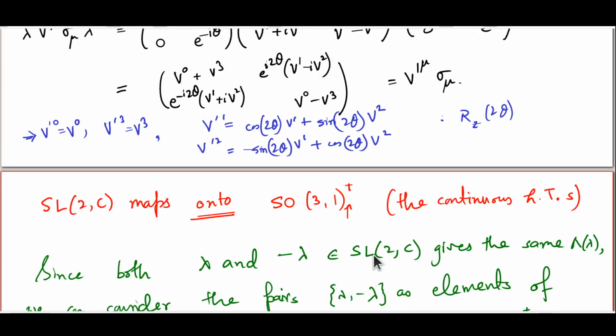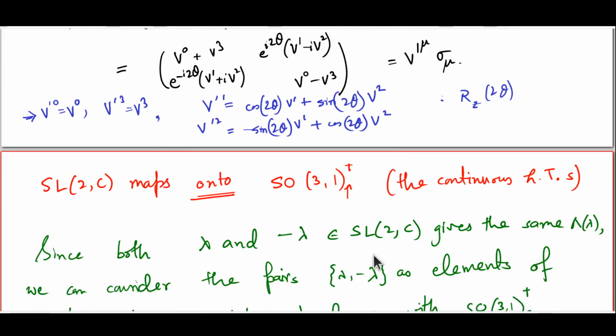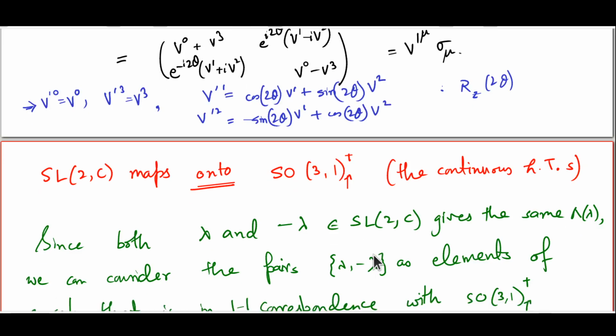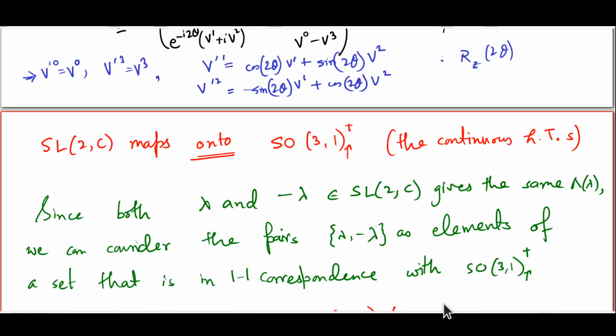But since both small lambda and minus small lambda belonging to SL2C give us the same capital Lambda of small lambda, we can consider the pairs small lambda, minus small lambda together as elements of a set that is actually in one-to-one correspondence with SO(3,1) up plus. Well, not only is this set in one-to-one correspondence in the set theoretical sense, it so happens that if you take these sets together as elements, they also form a group, the so-called quotient group SL2C by Z2.